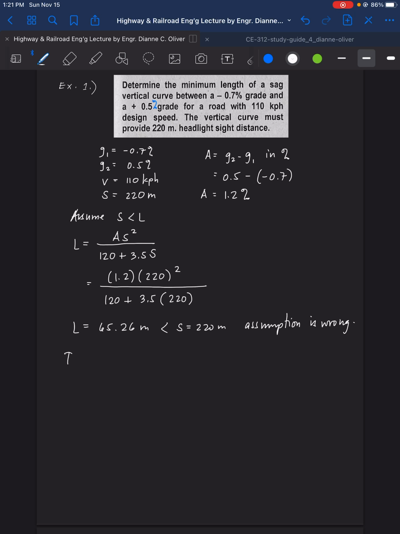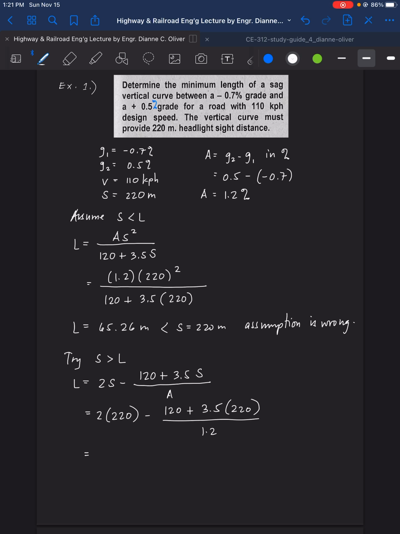Well, let's try S is greater than L. Then the formula for this is equal to 2S minus 120 plus 3.5S all over A. Now we have there the value for S is 220 minus 120 plus 3.5 times 220 divided by 1.2.